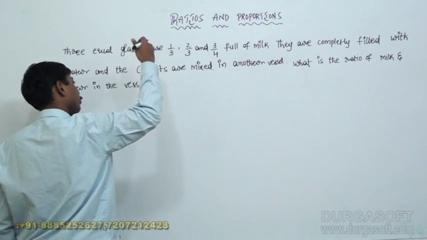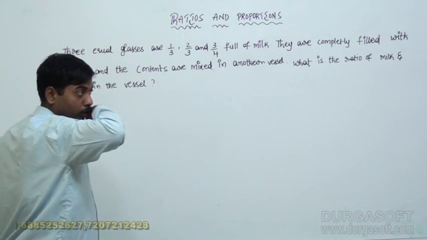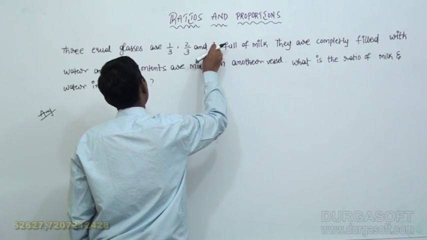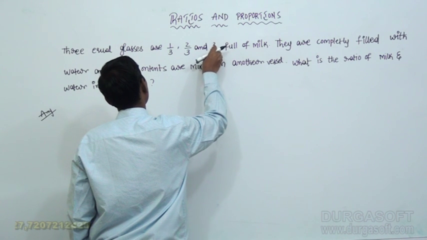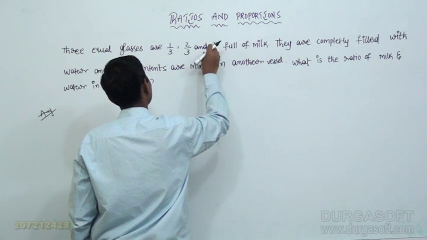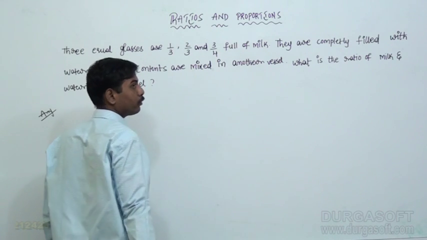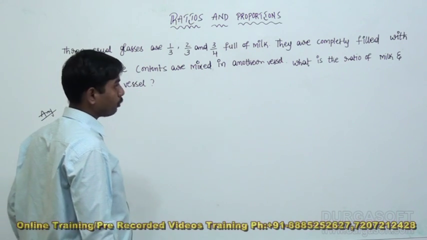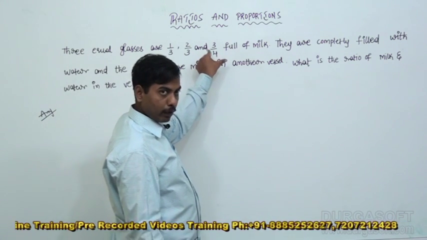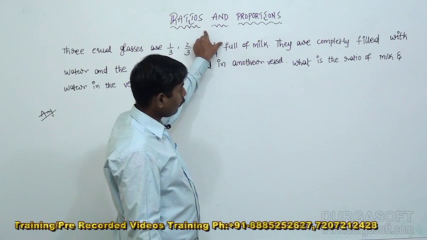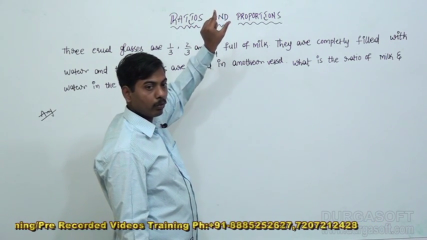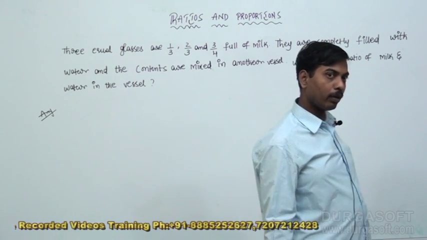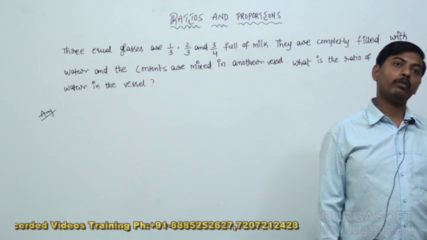The rest, 1 part, should be filled up with water. The last glass is how many parts here? Last glass is 4 parts. Out of 4 parts, 3 parts are filled up with milk, which means the remaining 1 part should be filled up with water.